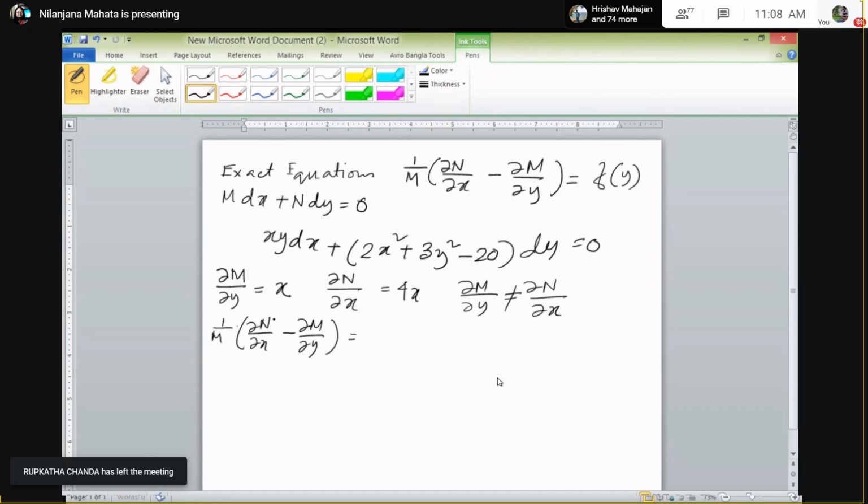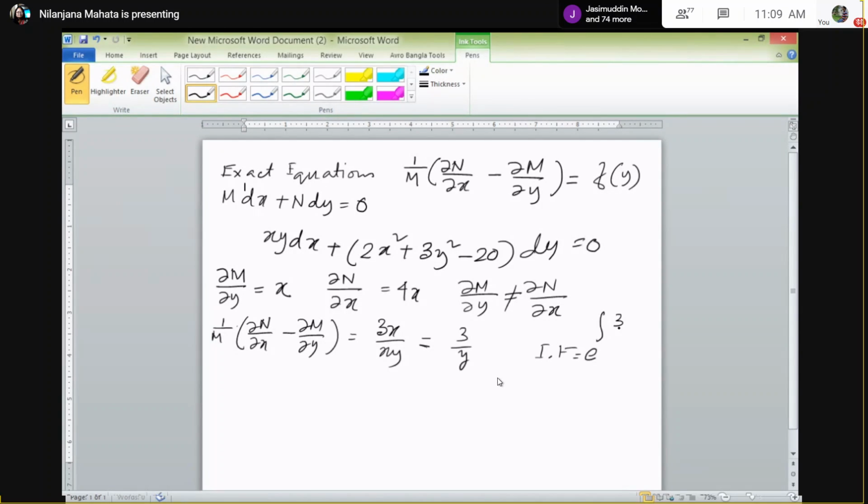It will be 4x minus 3x, divided by xy. So this is a function of y only, you don't have any x. So your integrating factor will be e to the power, sorry, this will be a function of y.